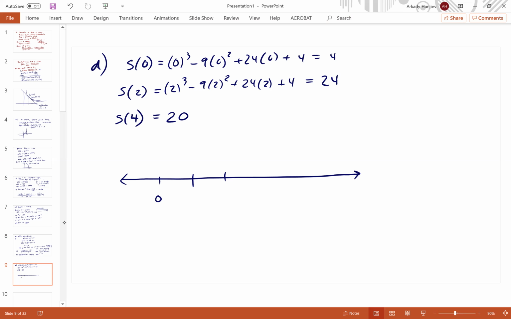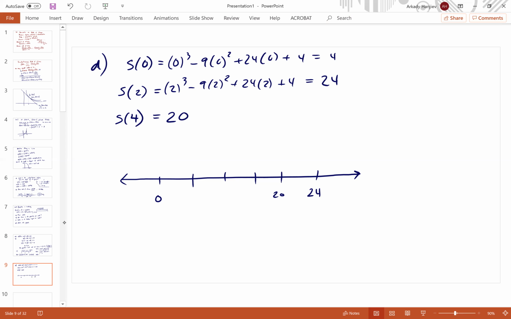1, 2, 3, 4, 5, 6. That'll be good. And so 24 would be about right here, and these are every 6 notches. 6 times 4 is, so that's 20 here.